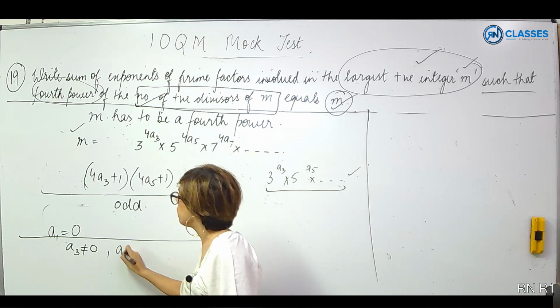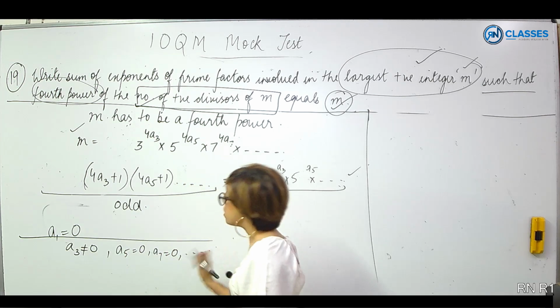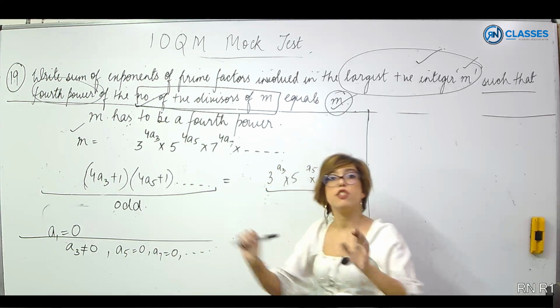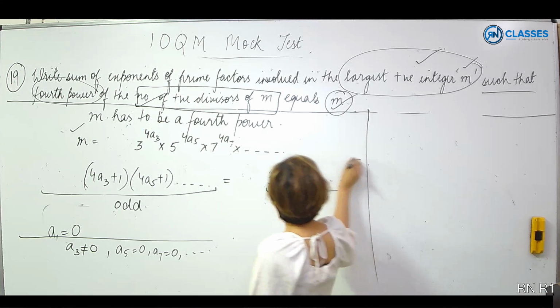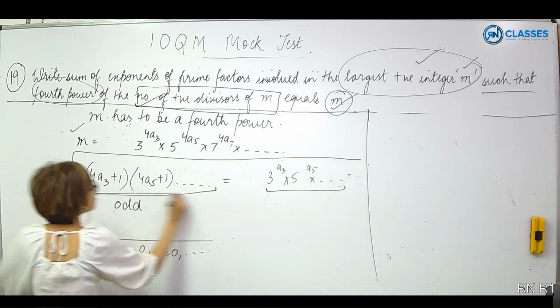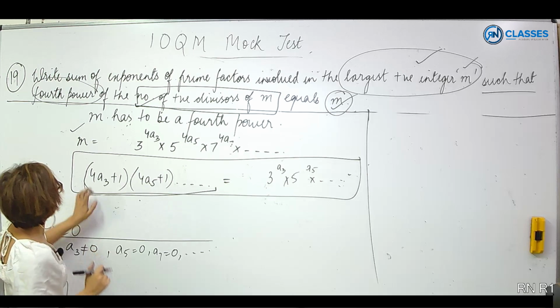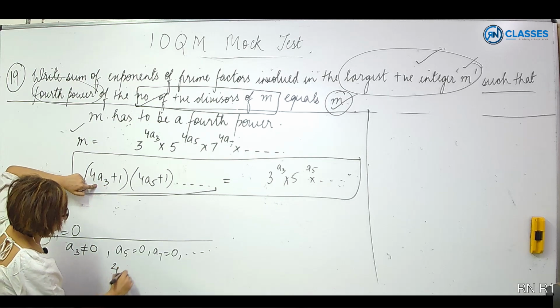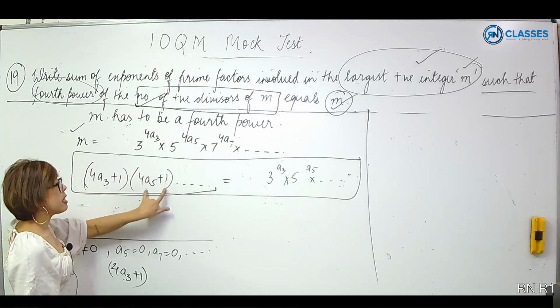So, A5 is 0, A7 is 0, and all the coefficients except for A3 are 0. If that is the case, the main equation becomes, let's see. 4A3 plus 1 as it is. A5 is 0, so this becomes 1.